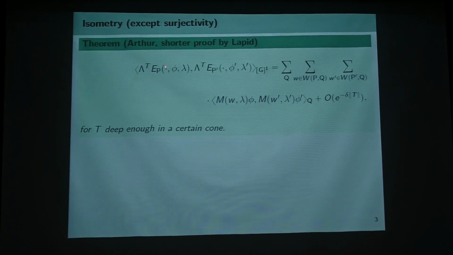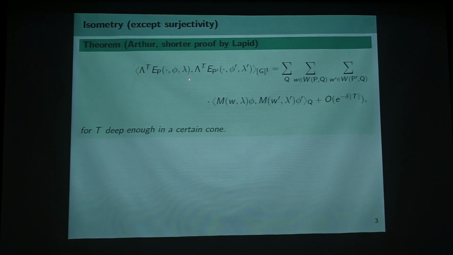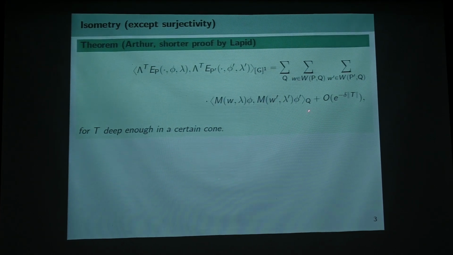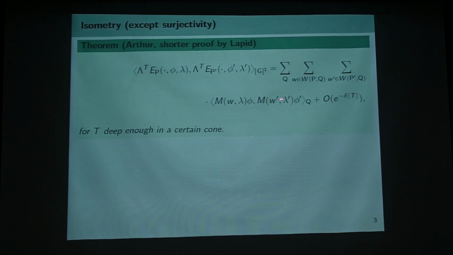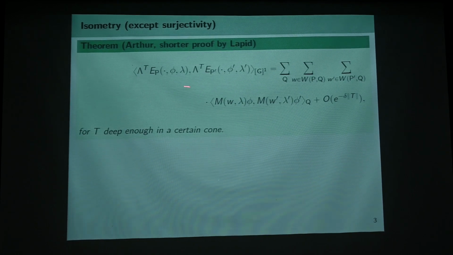You have to transport your phi. Phi was in the induced space A_P associated to P, and this was an automorphic form in A_P prime. So you have to transport using intertwiners from P to Q and also from P prime to Q, and then take the inner product in the L2 space associated to Q, that is, the induced space associated to Q. You expect this to reflect the inner product structure on the inducing Hilbert spaces. That's what is happening here.